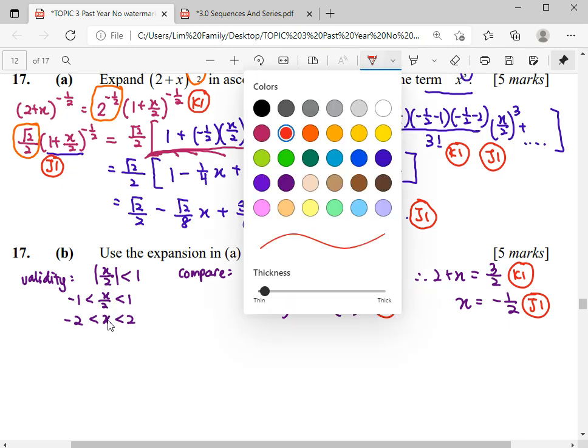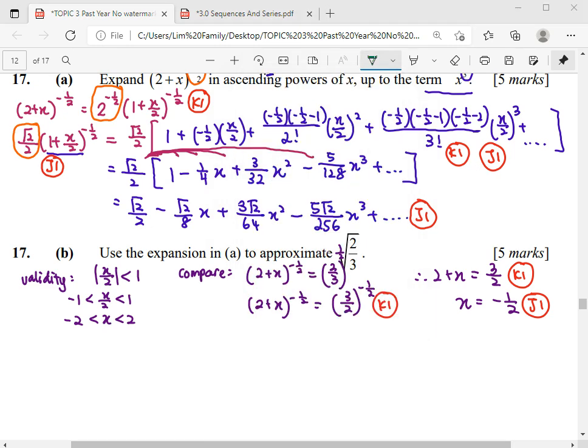So after that, we are going to see how we achieve this value. Once we get our x value, we are going to substitute x equals negative half into the left hand side and right hand side. That is why I asked you to write your title of expansion at the left hand side, and the result of all this expansion at the right hand side.